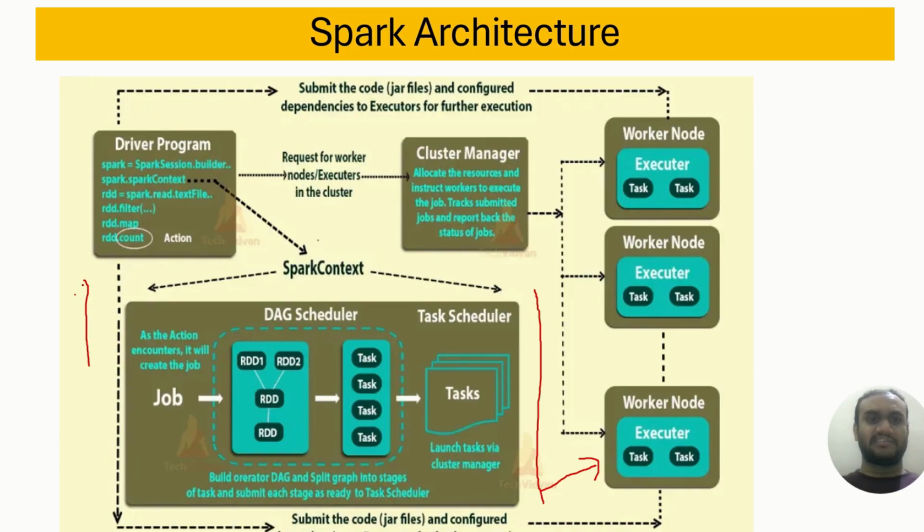Once the driver program receives the results from all of these worker nodes, it aggregates them and sends them back to the client, the computer which asked it to perform the task.